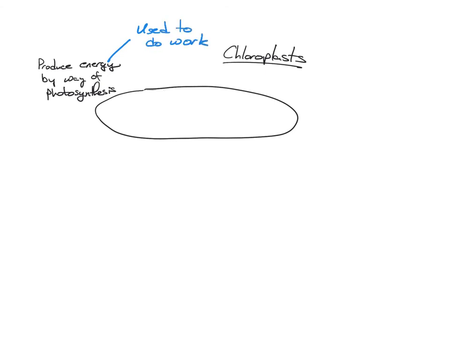Now let me unpack that a little more. What does work mean? Get something done. Well, let me give you a simple formula for work. Work equals force times distance. So what does that mean?